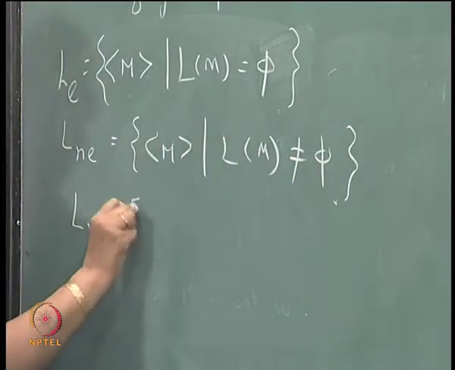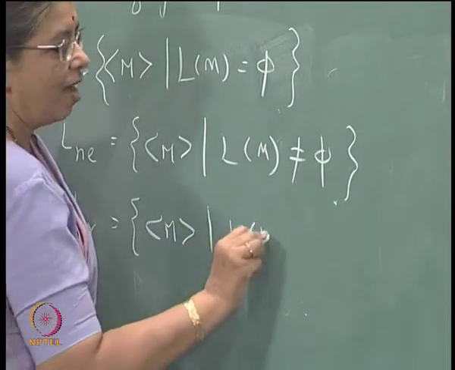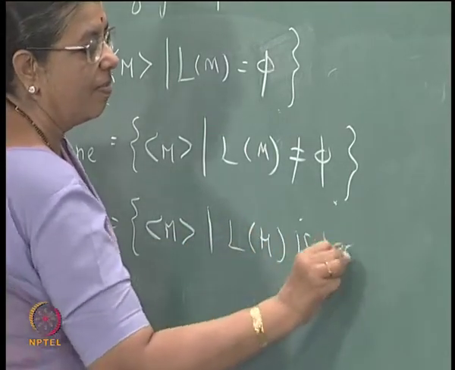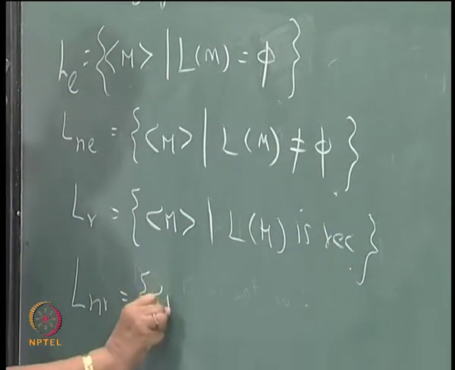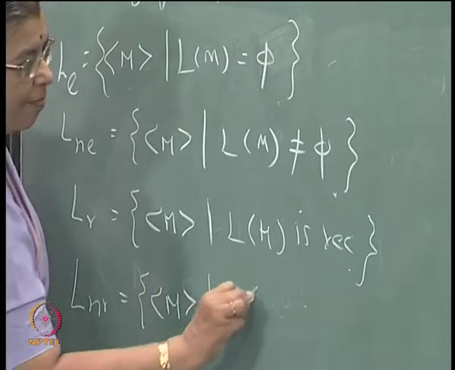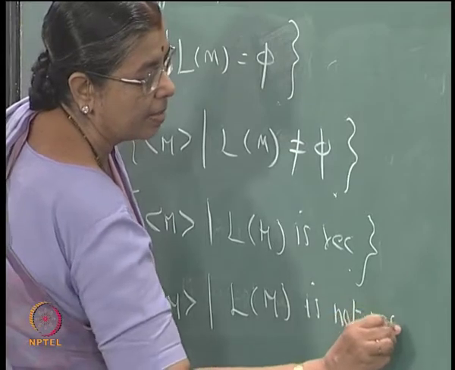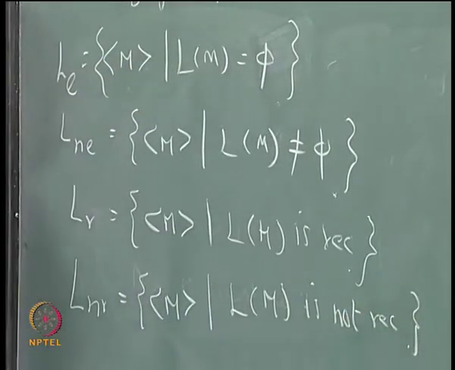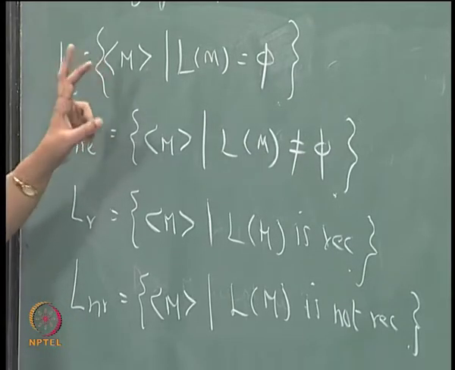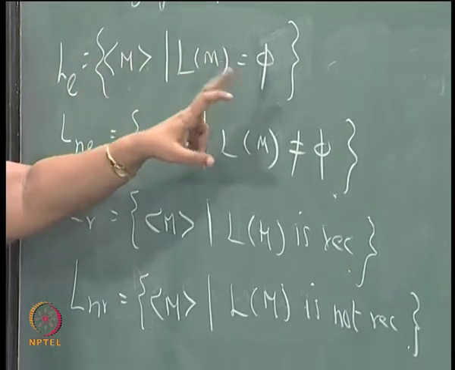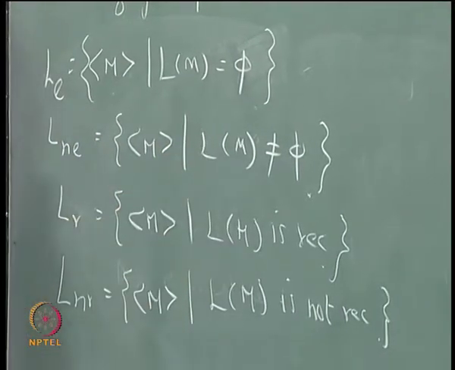LR: all encodings of Turing machines M such that L of M is recursive. LNR: encodings of Turing machines M such that L of M is not recursive. For some languages, the corresponding problem is: given a Turing machine, is the language generated empty? Given a Turing machine, is the language generated non-empty? These are the problems.